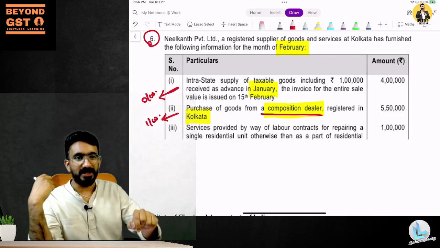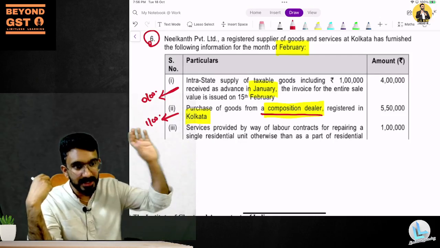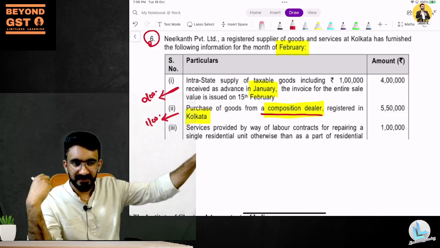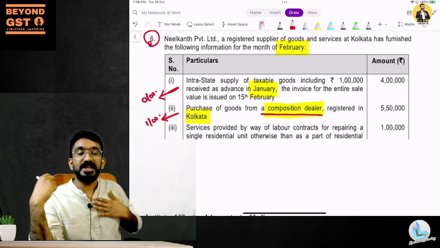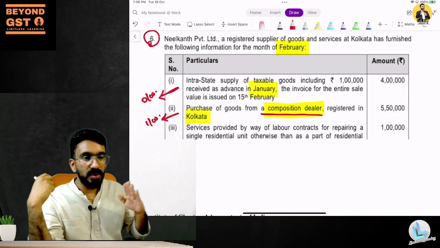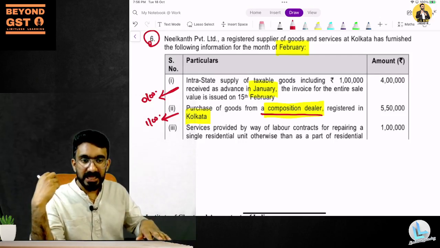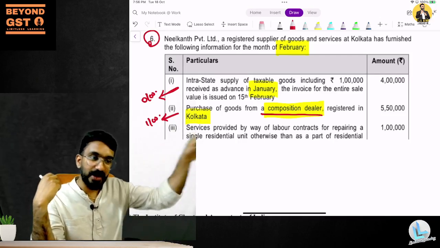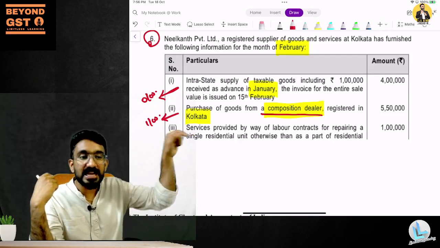Which means, if he is a composition dealer, he would have paid from his pocket. So basically, when I purchased, did I pay taxes? No. So if the tax was paid under the composition levy scheme, can I take that 1% he paid from his pocket as ITC? No, he did not collect, because he cannot collect taxes.